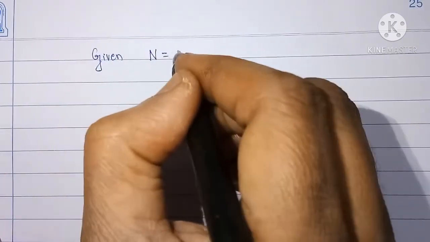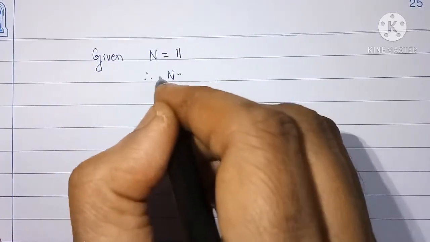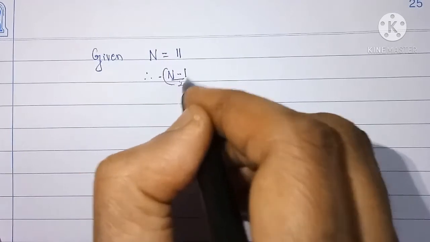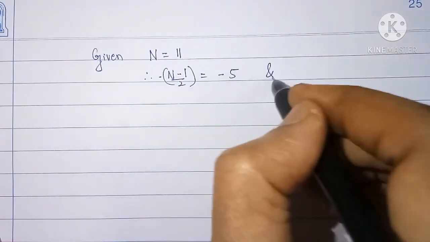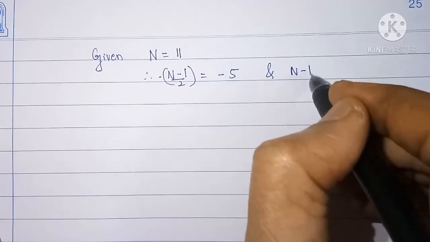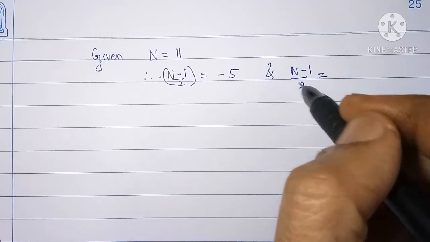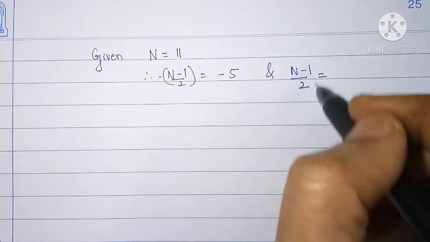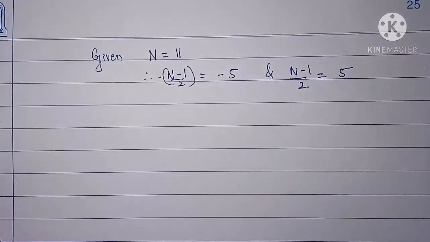Given n equal to 11, therefore minus of n minus 1 by 2 is equal to minus 5 and plus n minus 1 by 2 is equal to plus 5.